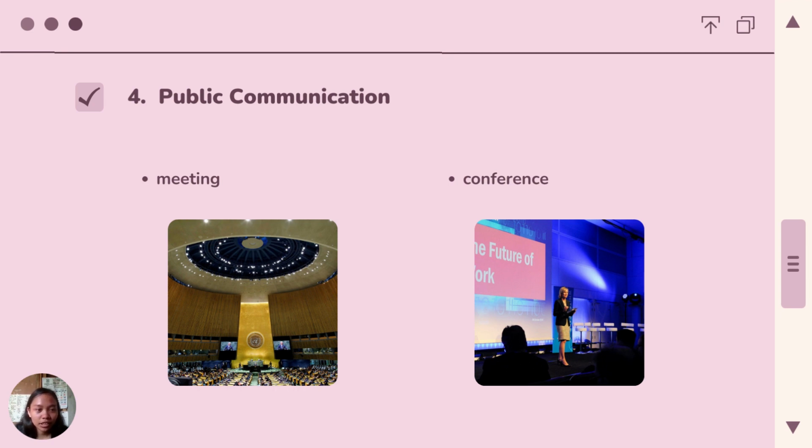In the conference, there are speakers and then the attendees. And usually after the conference, the speaker will let the attendees do a workshop or an activity to see if they've learned something from what they are talking about. So in a conference, there are many people involved, more than 30 people, mostly.